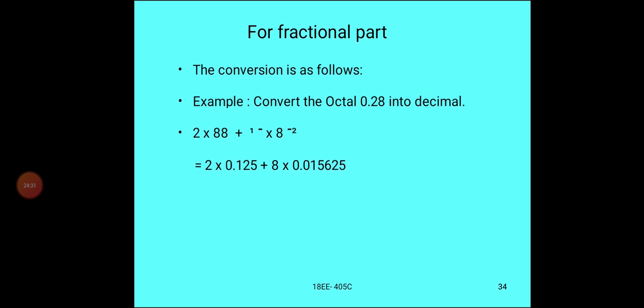So we get 2 times 0.125, plus 8 times 0.015625. We get 0.25 plus 0.125, which is 0.375. So 0.28 of octal is equivalent to 0.375 of base 10.